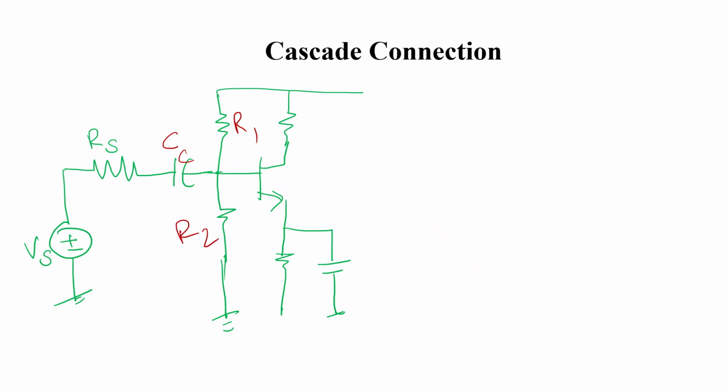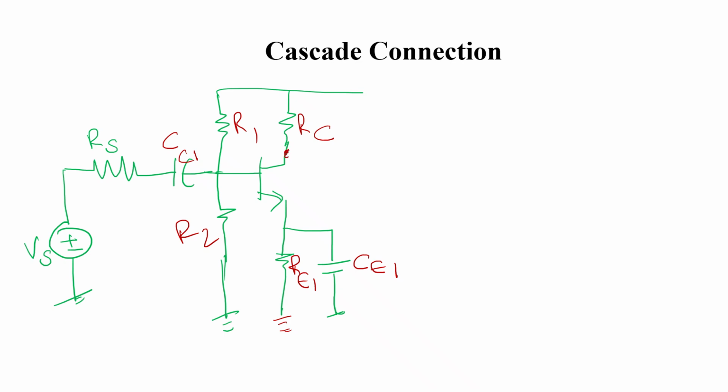R1, R2 are the voltage divider bias circuits. RC1, RE1, CE1, all these are mentioned on a single amplifier circuit which we are familiar with.